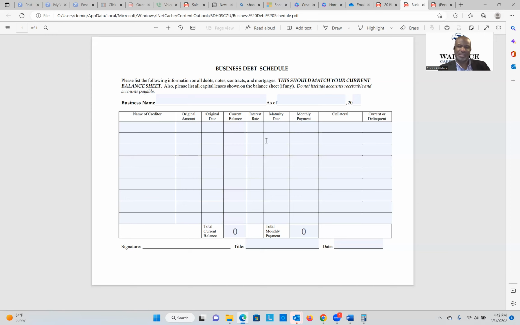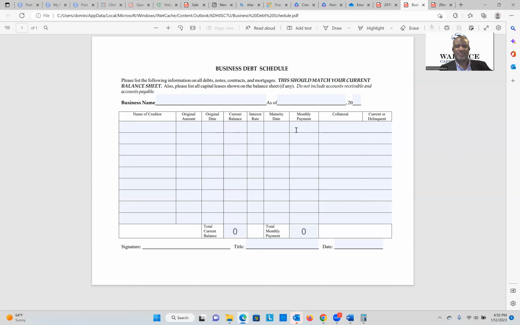Sometimes credit cards have a maturity date similar to a line of credit. But usually if it's a mortgage or business loan, it's pretty easy to see what that maturity date is. Typically, most business credit cards are amortized, meaning the payment is based on either a 5 to 7 year term. So you can put a 5 to 7 year date here if you're not sure.